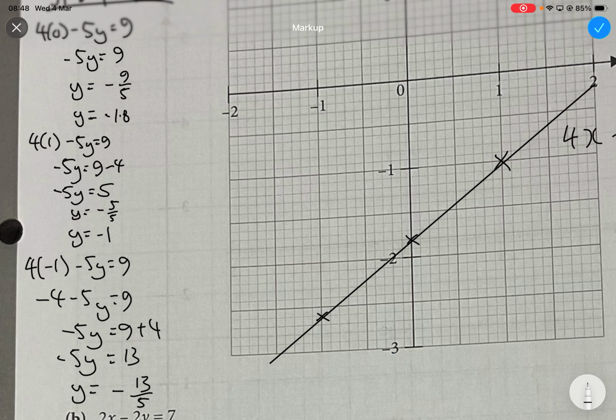Y'all have good eyesight. If I sit where Martin is, I cannot see any of the numbers already. Nabila, okay not?